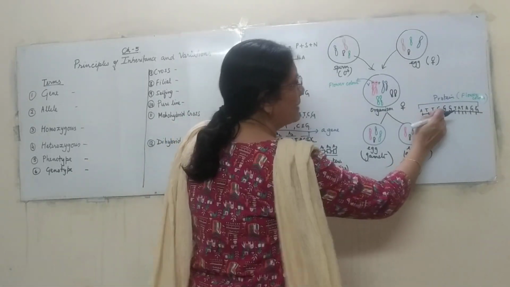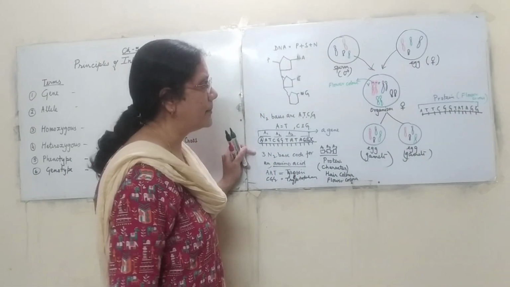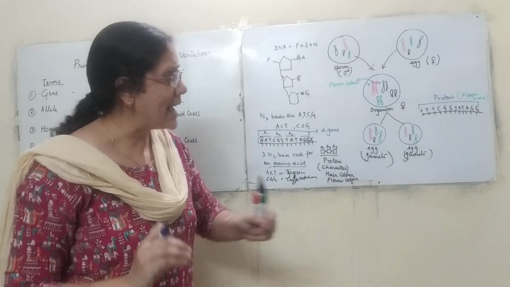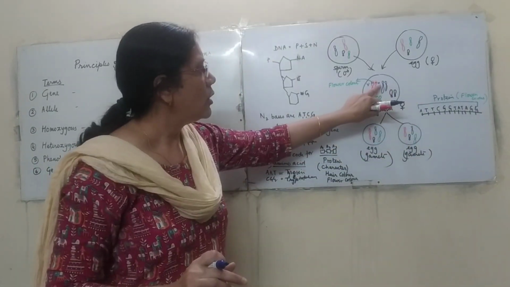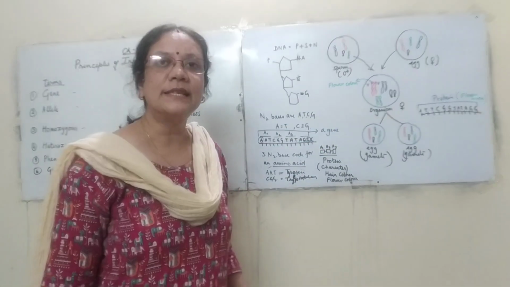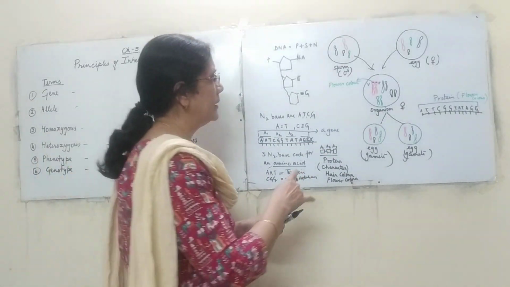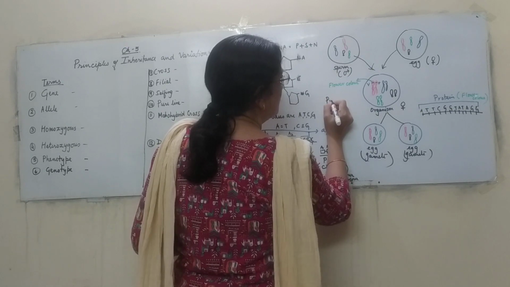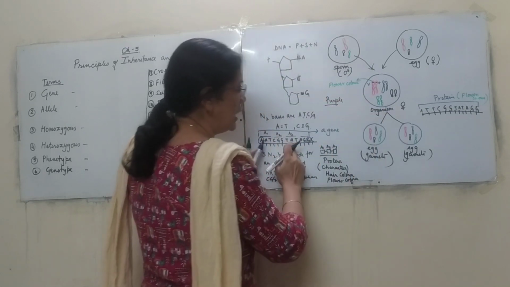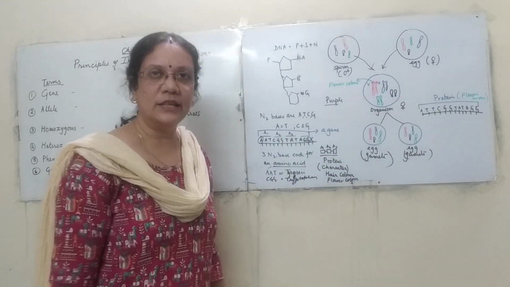Why? Because there is some change in the flower color. Overall it has the gene for white, but the flower is purple in color. So it means one gene is dominant over the other gene.